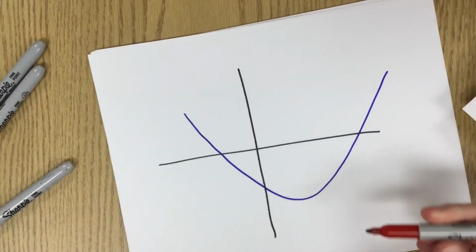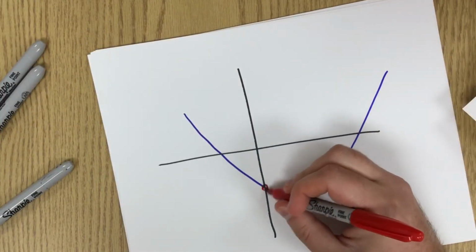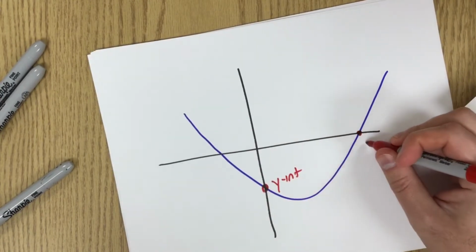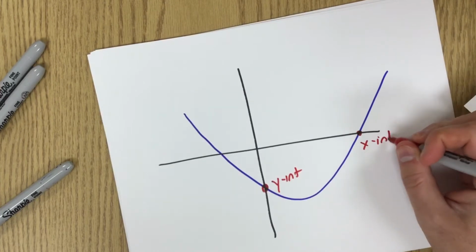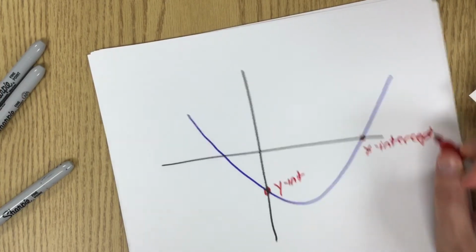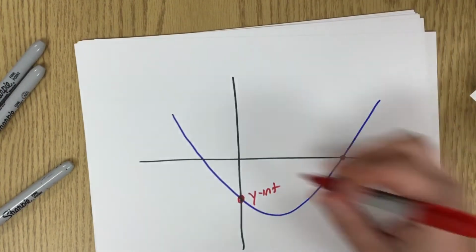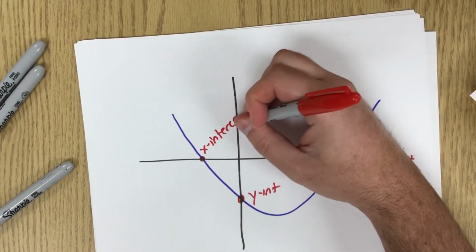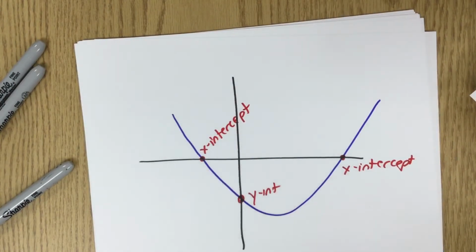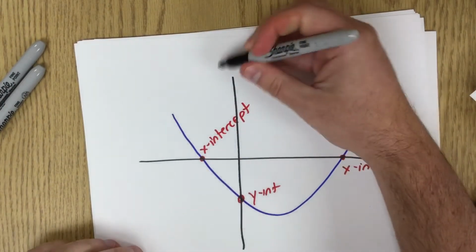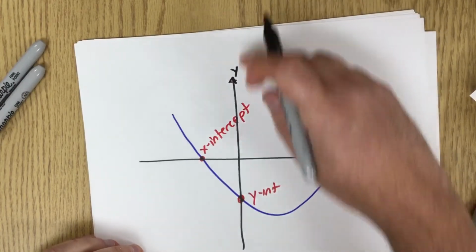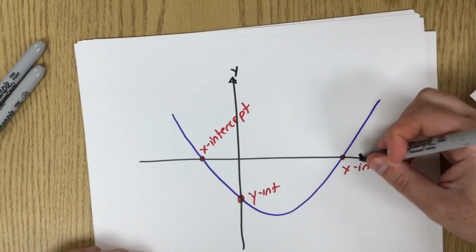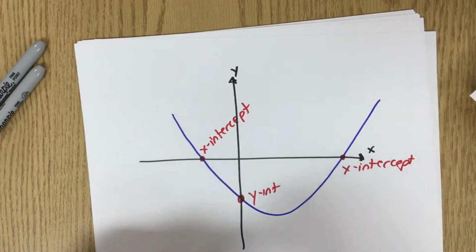So in this case, we still have our y-intercept, but in fact, this is an x-intercept, and this is also an x-intercept. So again, remember, this is the y-axis, so the y-intercept is where it touches the y-axis, and the x-intercept is where it touches the x-axis.